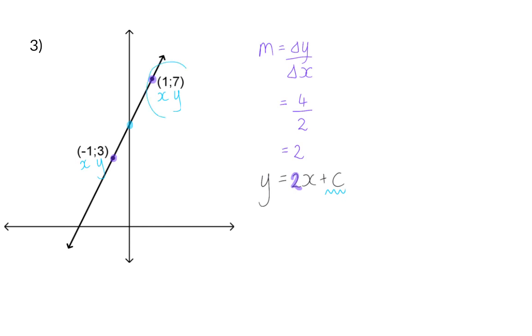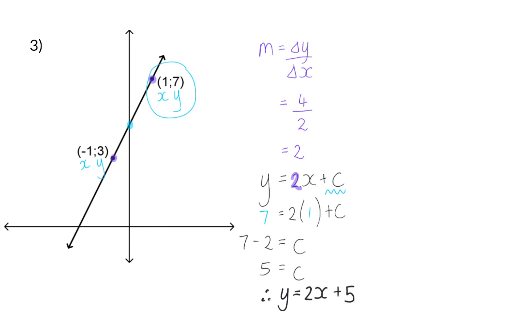I'm going to choose to use 1 and 7, which means I'm going to substitute the y value with 7, and I'm going to substitute the x value with 1. Now I can solve c. This means I will have 7 minus 2, and my c value or y-intercept is equal to 5. So the final equation for this straight line will be y is equal to 2x plus 5.